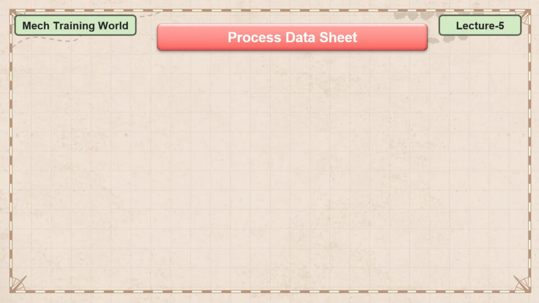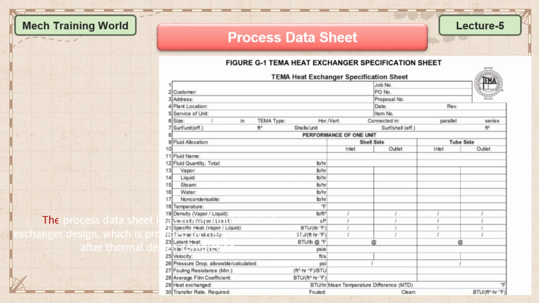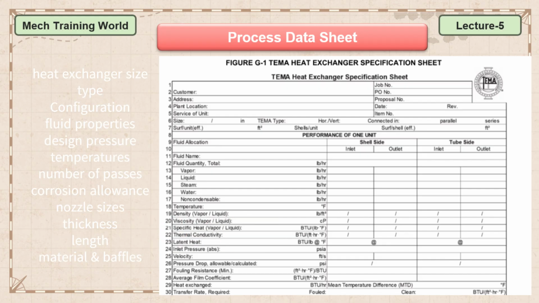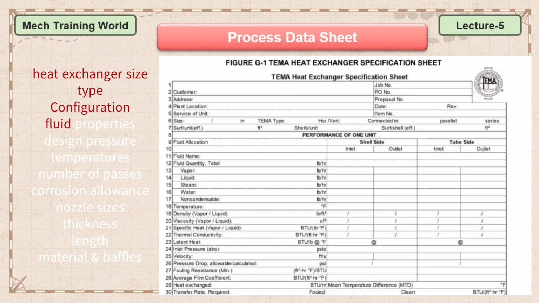Now let's see the process data sheet. The process data sheet is a critical input for heat exchanger design, which is provided by the process engineer after thermal design completion. It contains essential details such as heat exchanger size, type, and configuration, parallel or series.